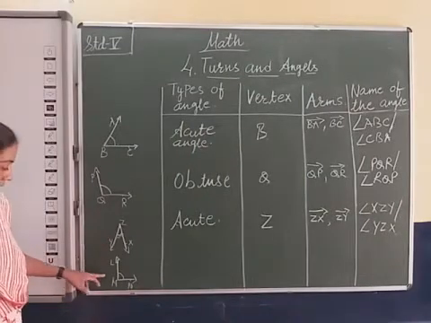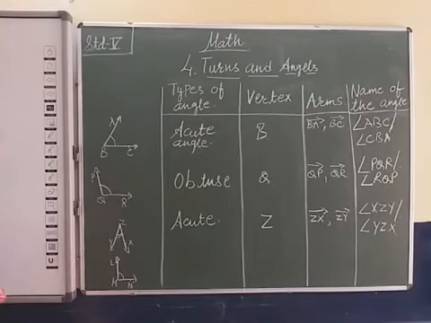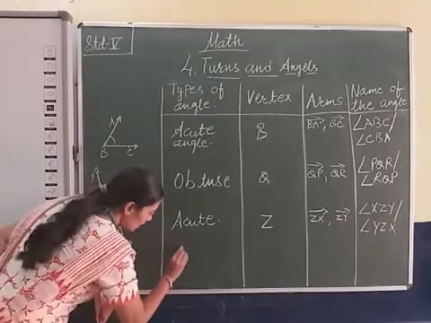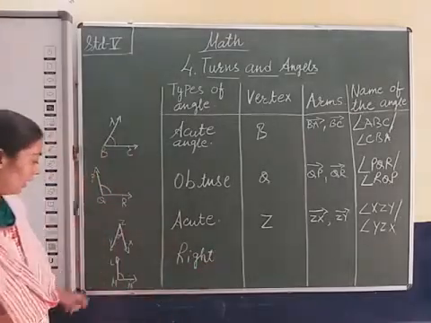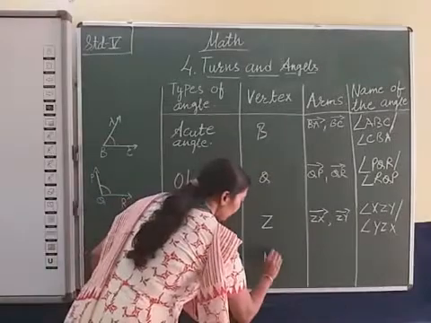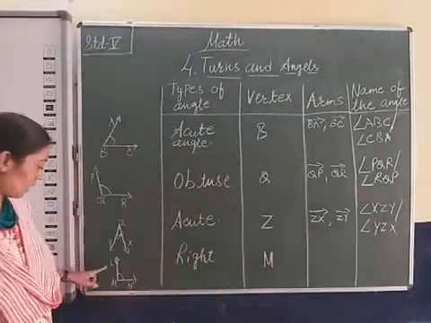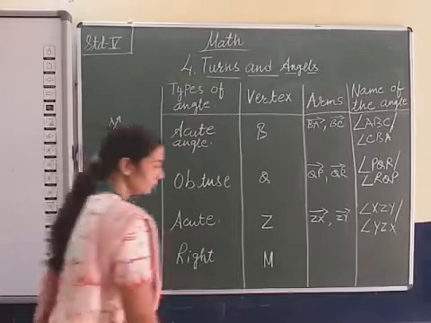Yes. The next figure gives the right angle. Yes, it shows the right angle, and the vertex name is M. And the arms are arm ML, MN.